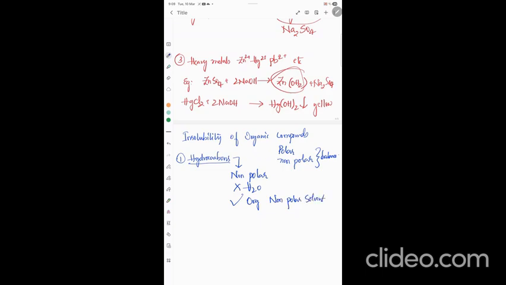And the second category we have is the compounds solubilized through hydrogen bonding and the polarization. So these are the second category of the organic compounds.